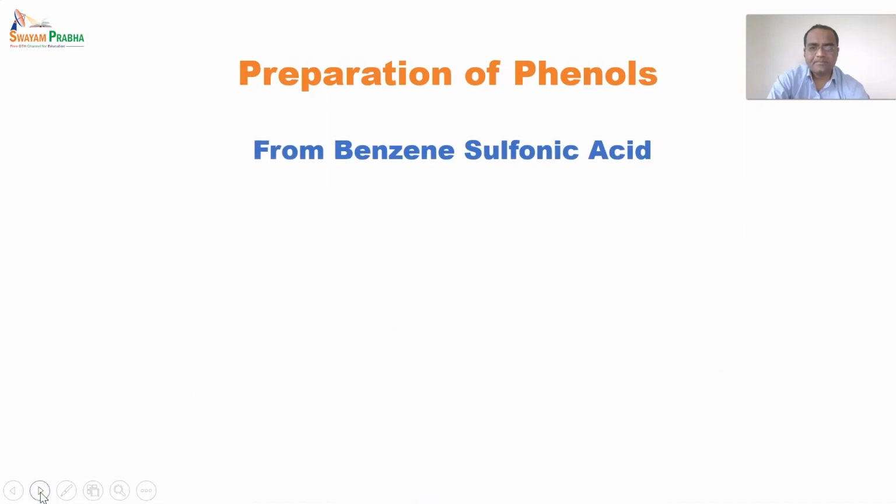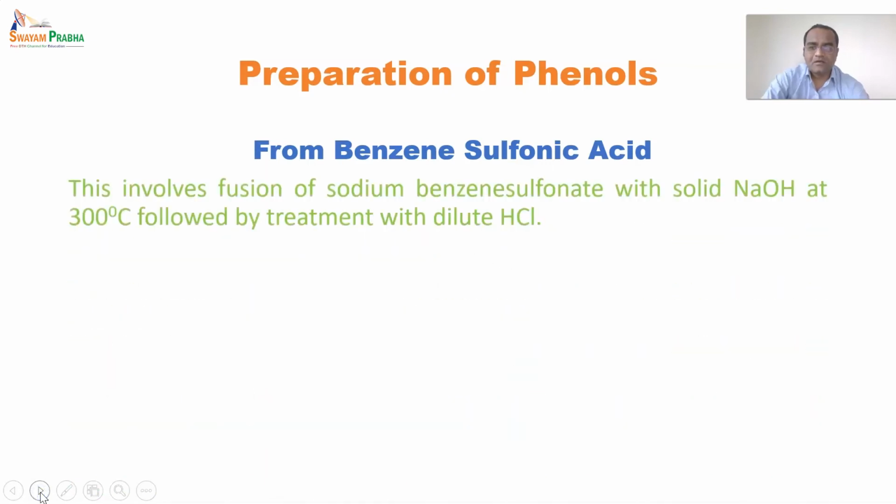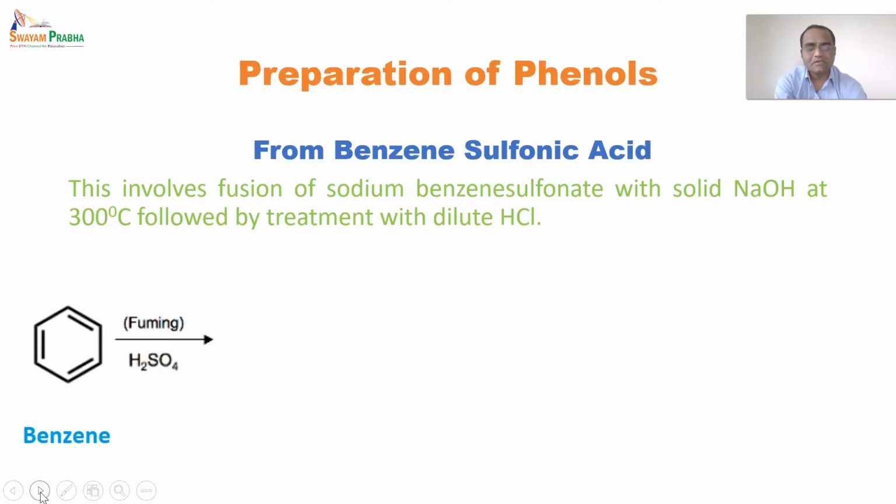Next, preparation of phenol from benzene sulfonic acid. So this involves fusion of sodium benzene sulfonate with solid NaOH at 300 degrees Celsius, followed by treatment with dilute HCl. So how is sodium benzene sulfonate prepared. We'll see that firstly. We have seen such a reaction in case of benzene and its derivative.